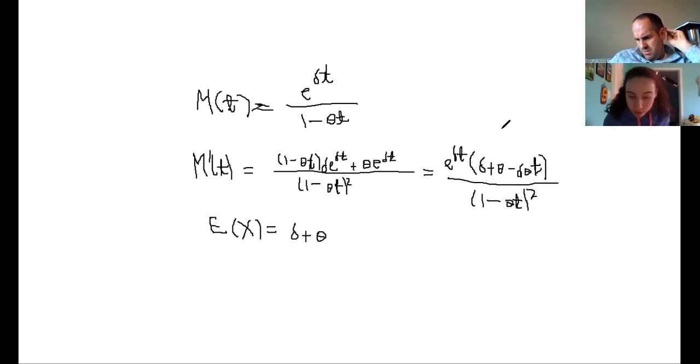When I did it, I said that lambda was 1 over theta, and so the variance would have been theta squared, which it has in the book. But then I saw the expected value was delta plus theta, and I was like, oh, something's different there. Yeah, I think there probably is a way to recast it that way.